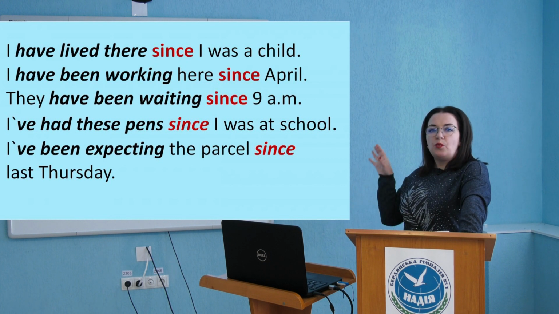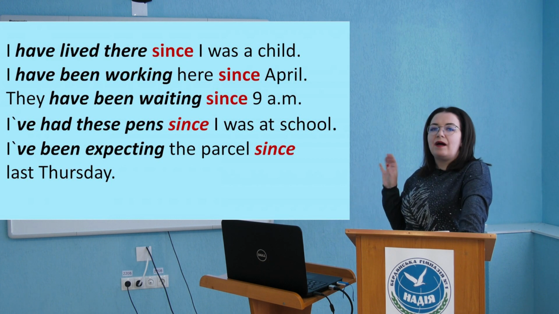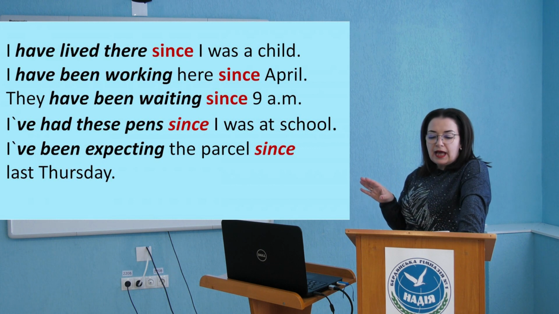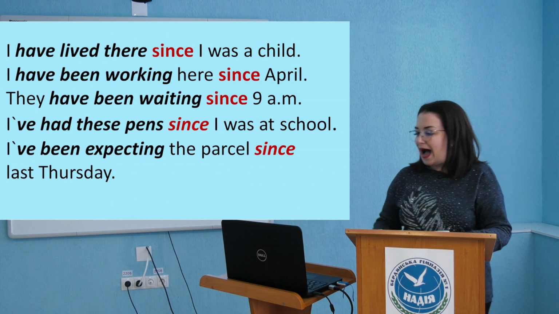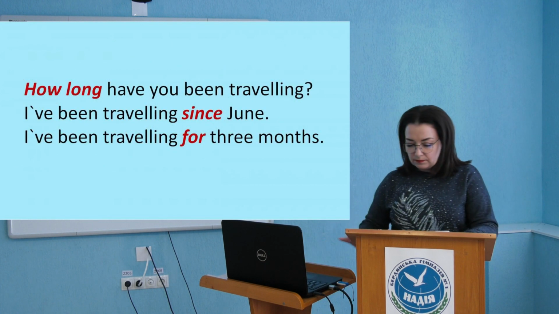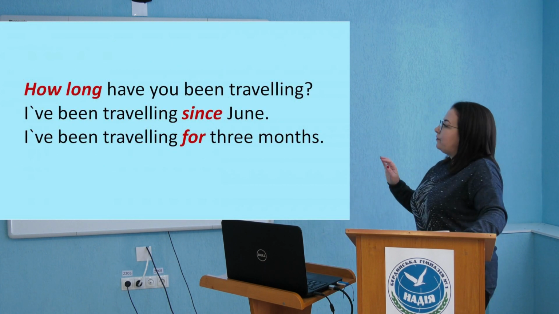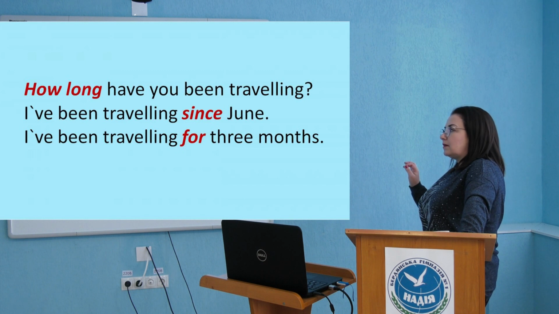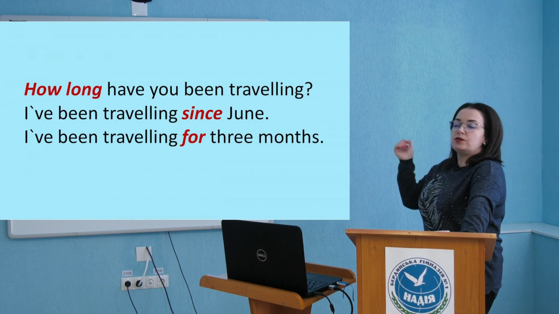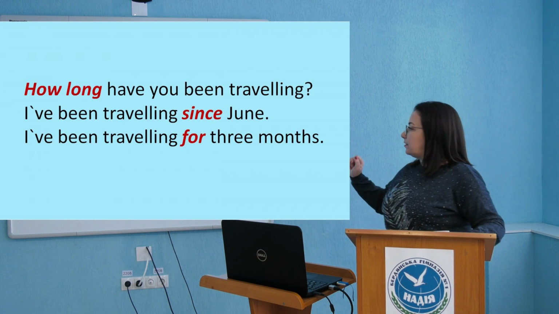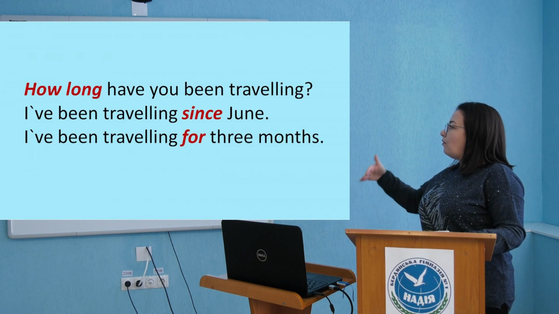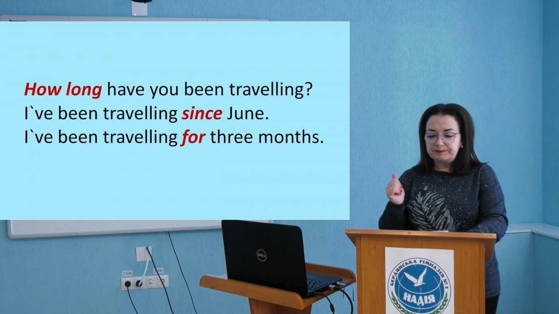These structures with for and since are really useful, especially when answering questions that start with how long. How long have you been traveling? I have been traveling since June. How long have you been traveling? I've been traveling for 3 months.